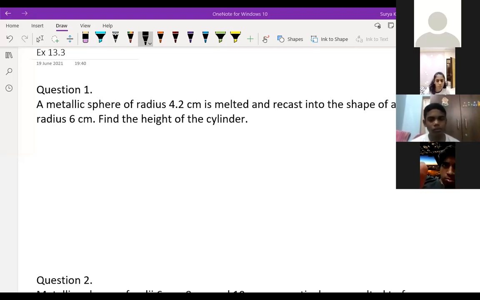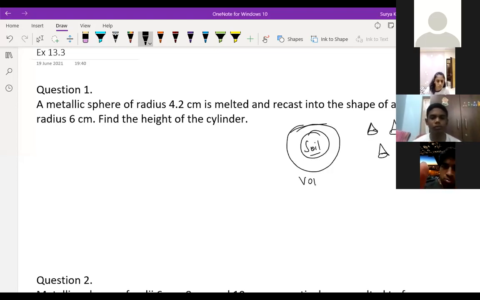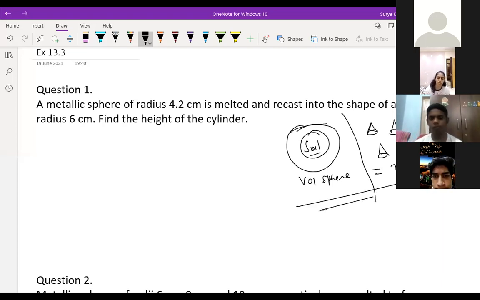You can make a cone or whatever by the help of this. It means the volume of this sphere is equal to the number of cones' volume, both will be same only, right? So this is the concept we are going to learn in this exercise.